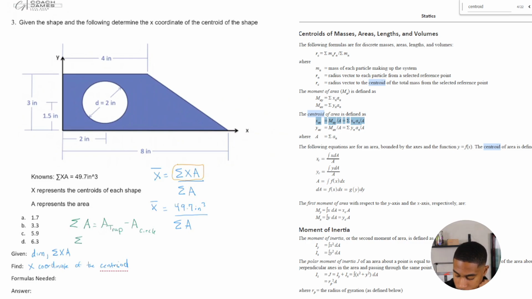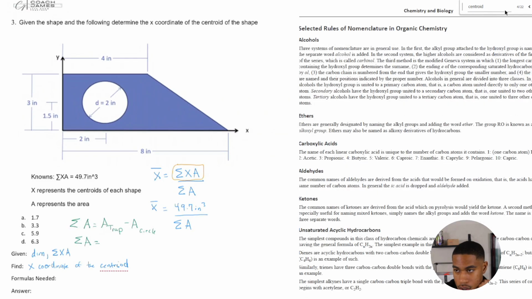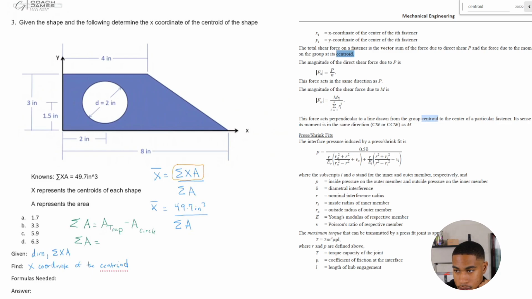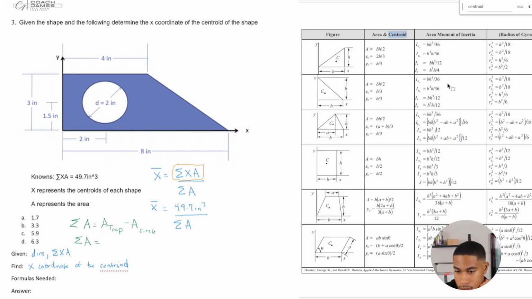So the sum of the areas is equal to, well, how do we get the area of a trapezoid? Go to Centroid, see if they have this in a chart for us somewhere. So if you don't remember this, okay, here, it's 1/2 times the height, and then multiply it by a plus b.